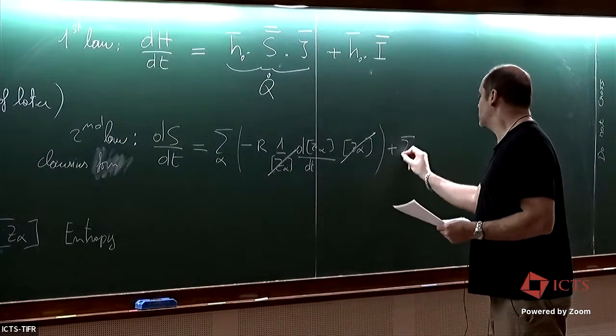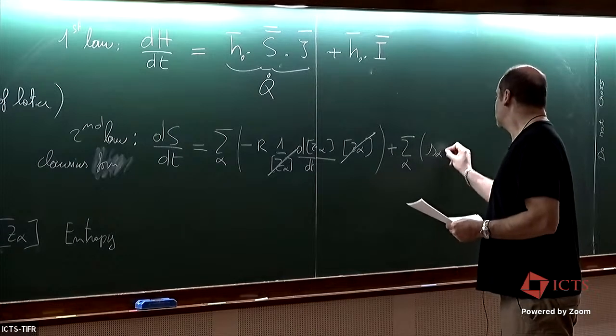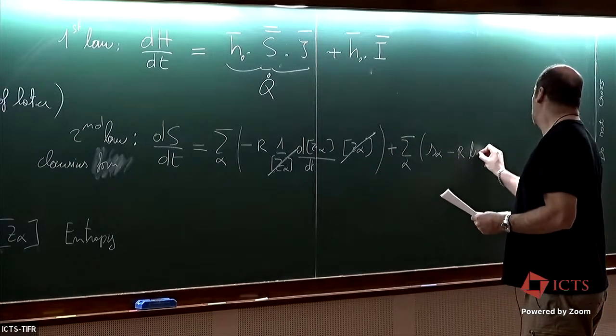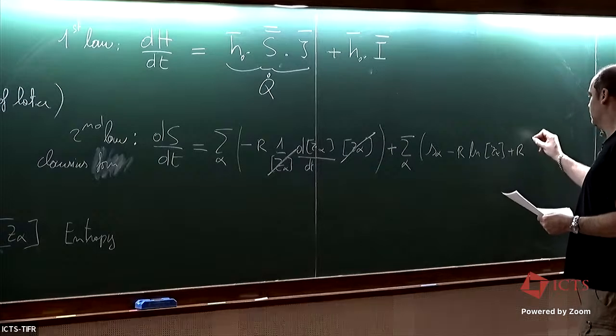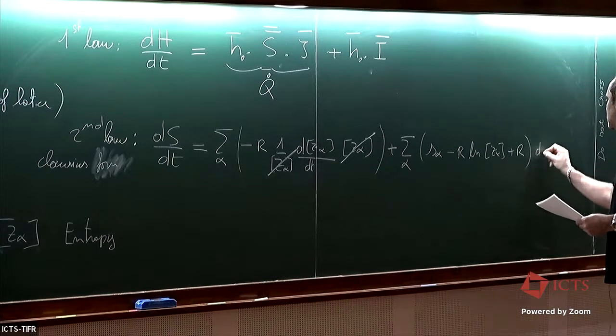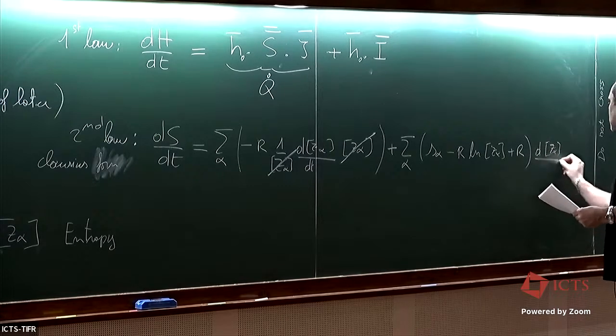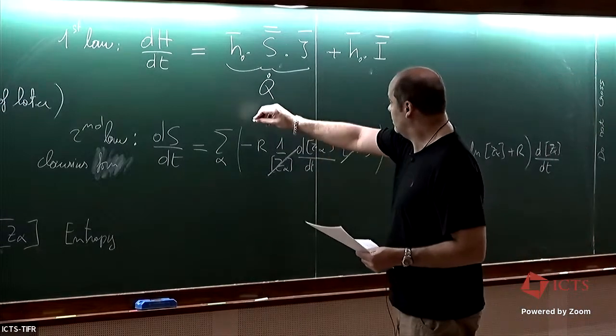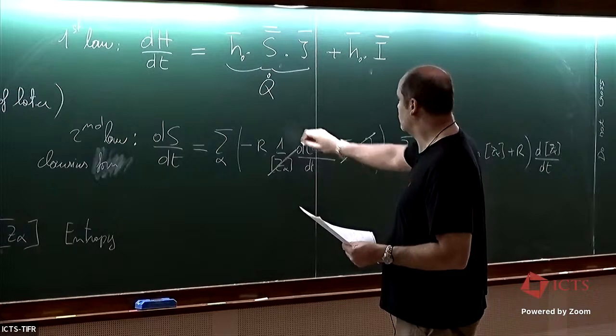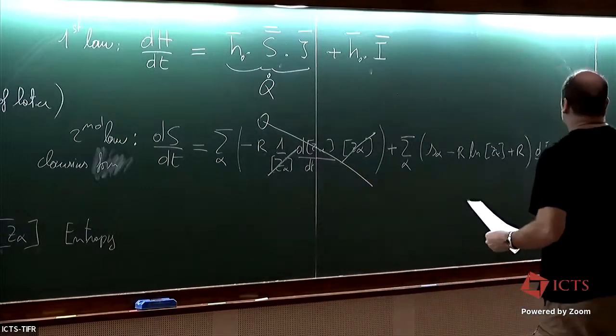And the second term is the sum over alpha of S alpha minus R log Z alpha plus R times the derivative of Z over T. So yes, again, this term here, the R times the derivative of the concentration, I cross it like this, goes away with this one.